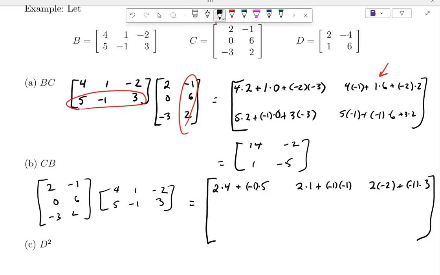Is this okay so far? If it's not, now's the time to ask. All right. Work on the next 2 rows. You should have 2 more rows to fill out.